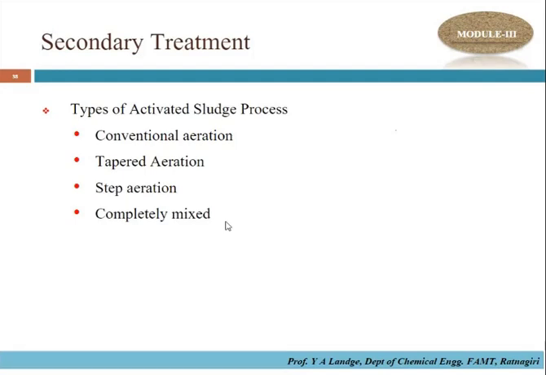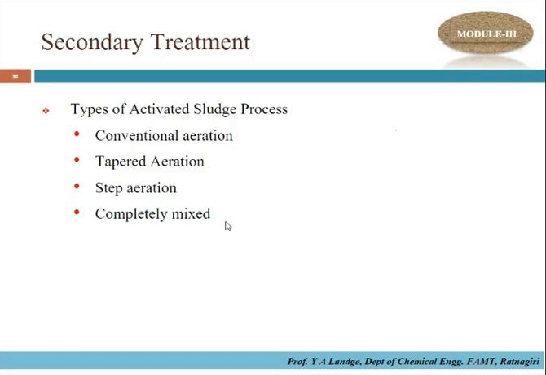The reason we use the activated sludge process in industry is that the operating cost and the handling of the influent are good, and you will definitely get good quality, meaning the conversion is good. So that's why industries prefer this type of process.